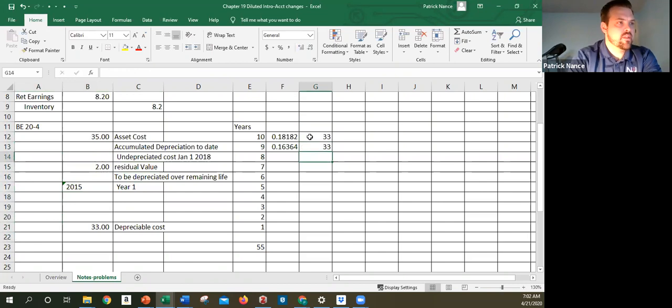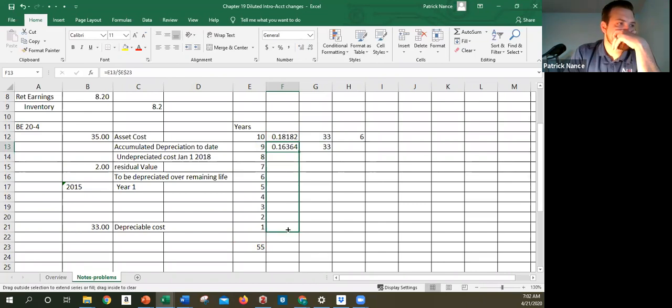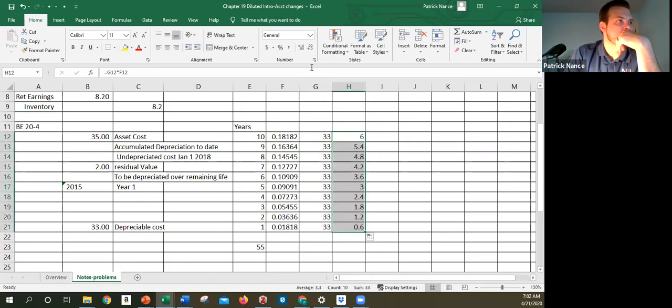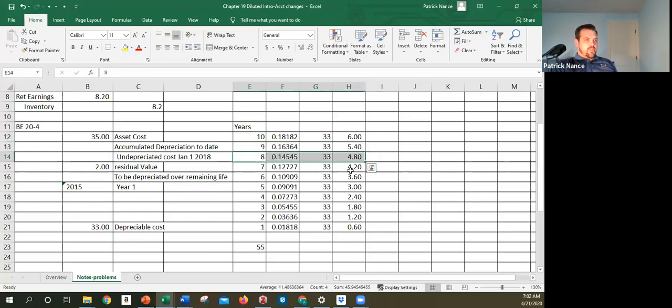So I can take 33 times this number to get how much depreciation I would have every year. And notice the total depreciation is 33 like it should be, the total depreciable cost. So if I use sum of the year's digits the whole time, this would be my depreciation. I would do this for year 1, this for year 2, this for year 3.